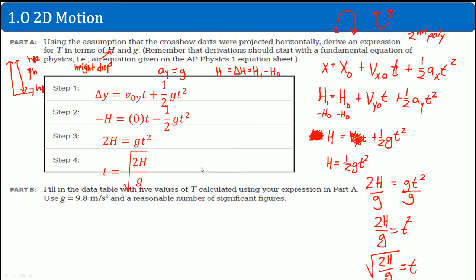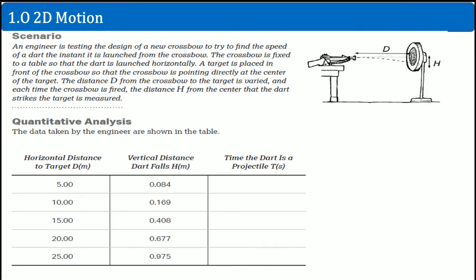All right, so we're going to use this equation, t equals the square root of 2h over g, to fill in the table. Okay, so let's just go here. I'm just going to do one of the examples. You could do the rest. Here we have the equation t equals the square root of 2h over g.